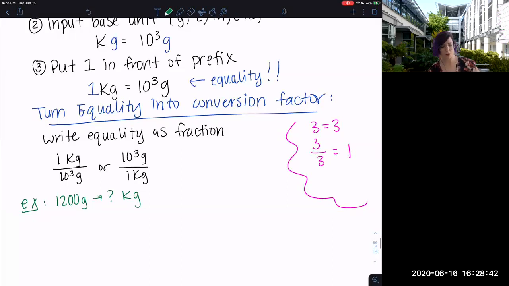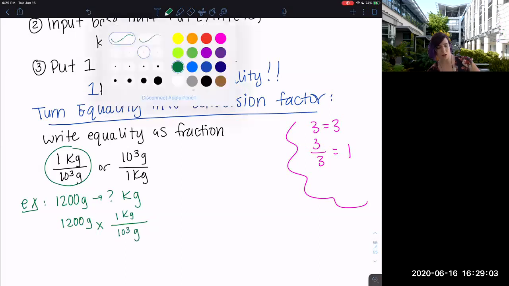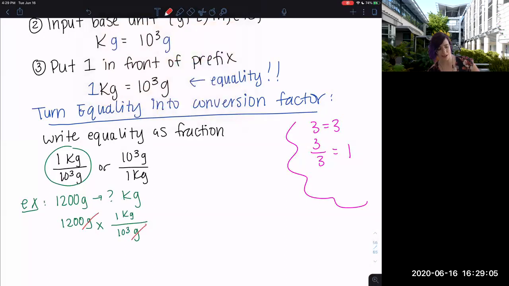So what I'm going to do is I need to not change my number. I need to multiply by 1, right? So I'm going to do that. I'm going to take my 1,200 grams and I'm going to times it by a fraction to get rid of the grams and give me kilograms. So I'm going to use this version because if I put 2 units on top and bottom of each other, they're going to cancel out.